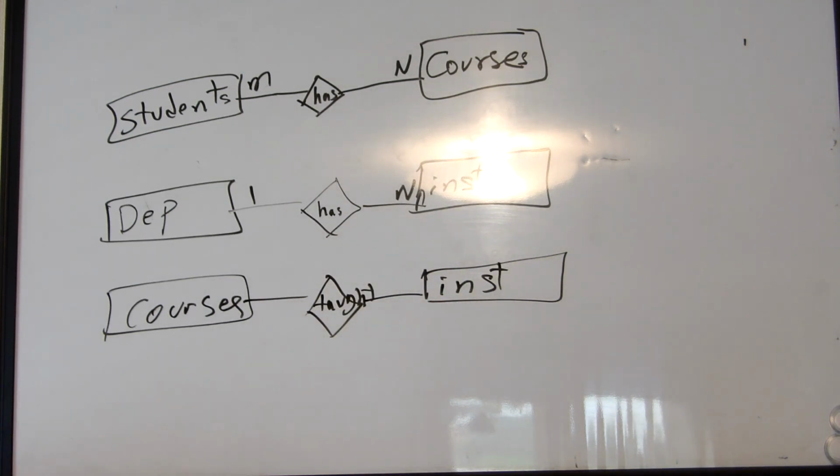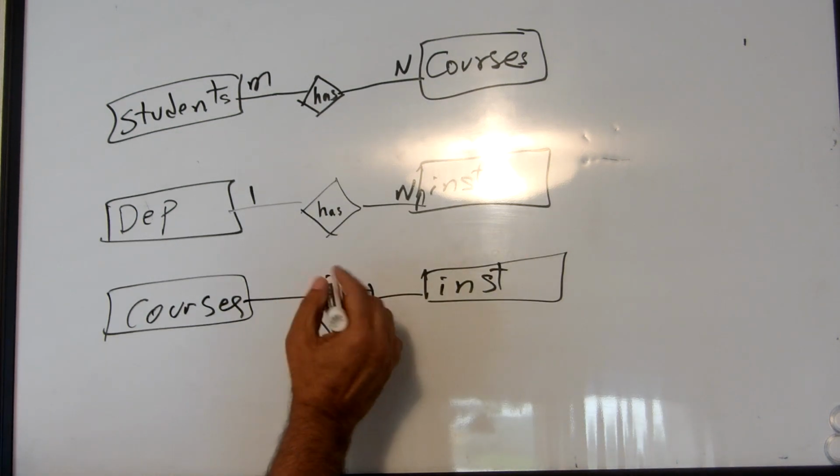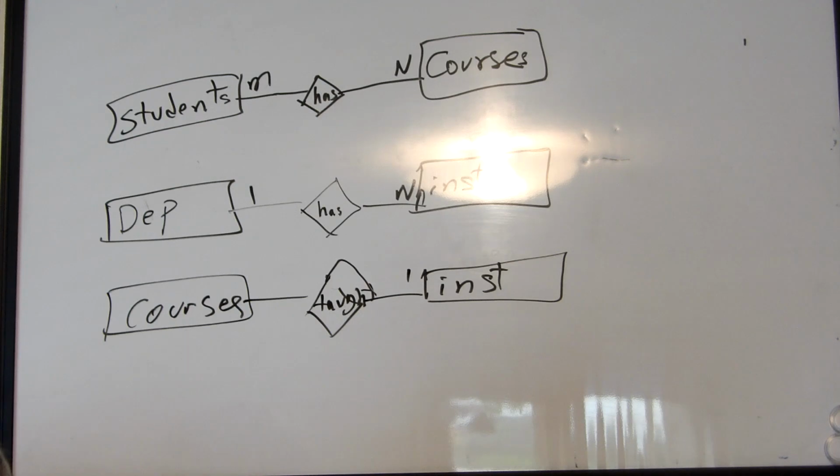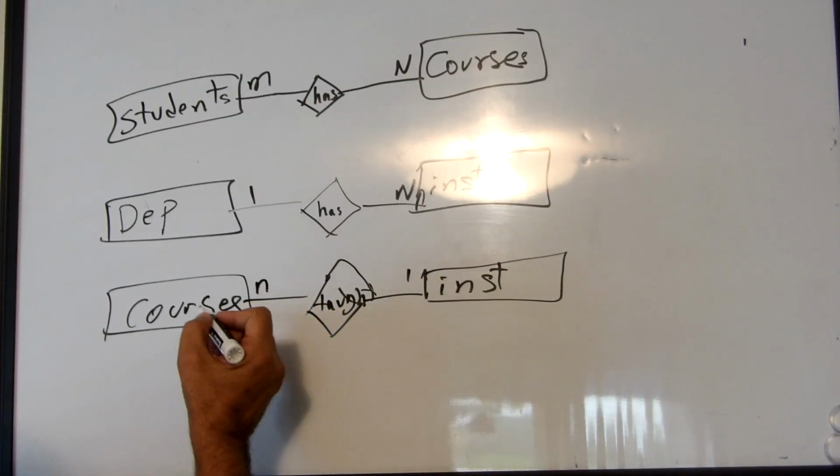We can say one course can be taught by one instructor, but an instructor can teach many courses. So it would be N. One instructor can teach many courses.